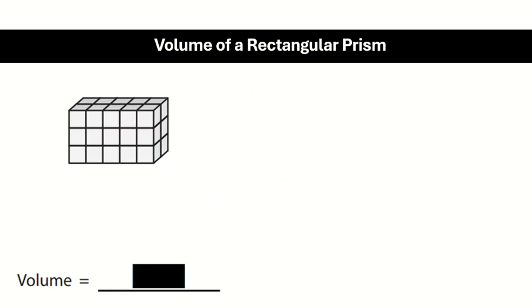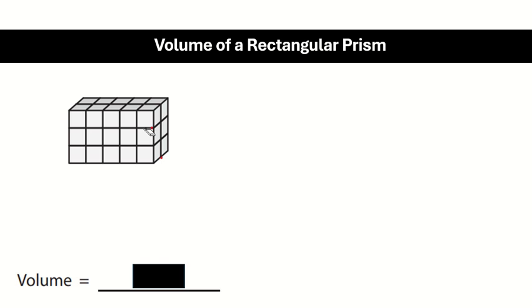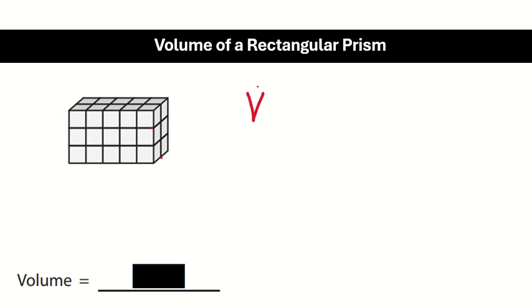Same thing here. We could count up all the cubes it takes to fill up this shape, but that can get confusing. Or we can simply do length times width times height. So we have volume equals length times width times the height. Well, we have a length of 1, 2, 3, 4, 5.